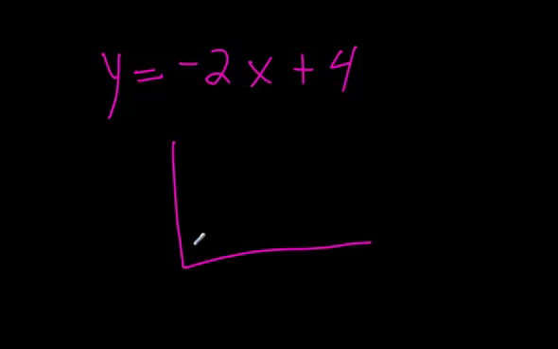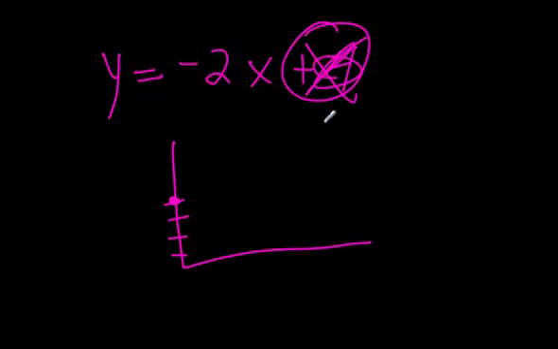So, let's try another one. Y equals negative 2x plus 4. If I said to graph this, you'd say, this is easy. All I have to do is go like this. 1, 2, 3, 4. Put a dot. That's my y-intercept. I'm done that part. Do that part first. Negative 2. That's the slope. It's a negative slope, so it's going to be going down.